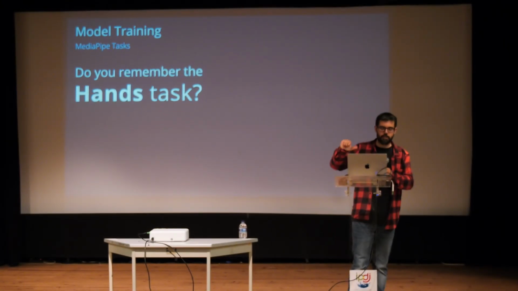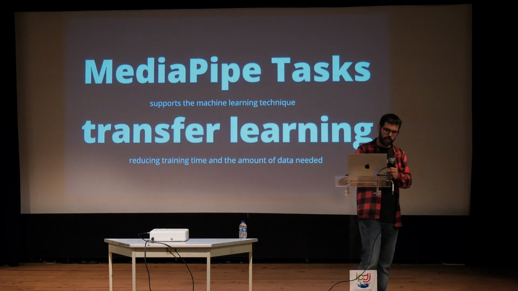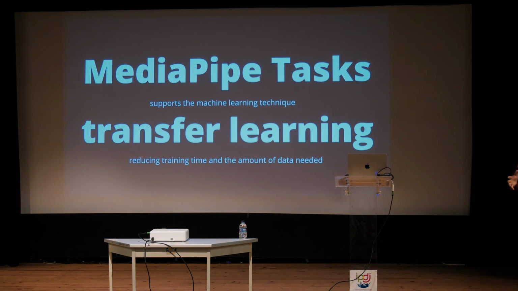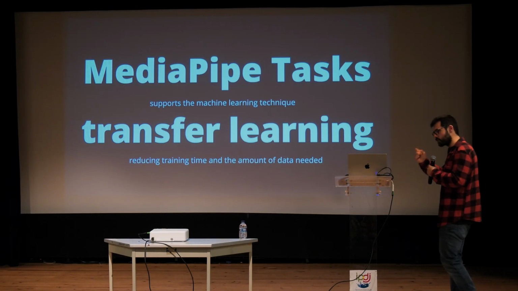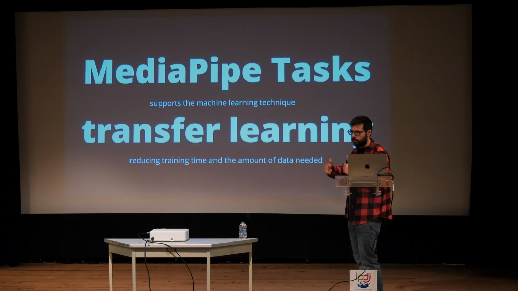So they have the thumbs up, the thumbs down, the victory, and a couple more signs. With transfer learning you don't need to train your entire model again. You take advantage of the task Google already created, and you train the last percentage of that model. So basically you send 50 to 100 images there, and you just train that last bit for the information that you want.